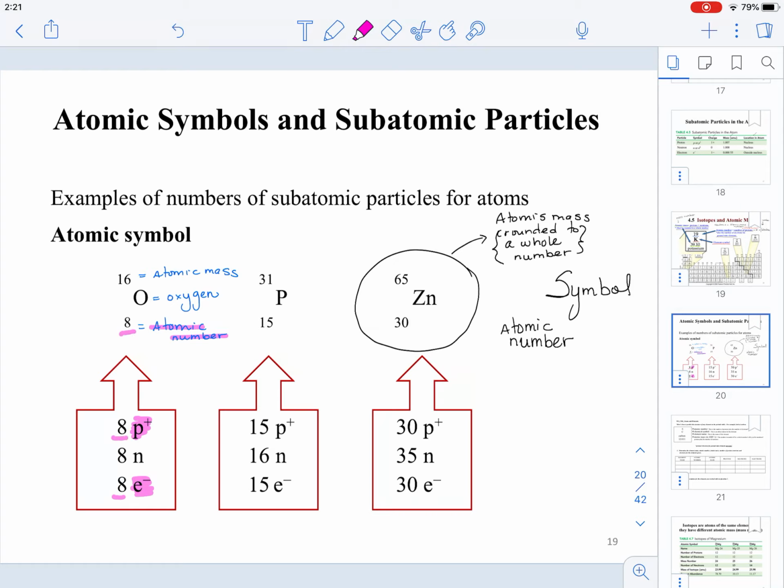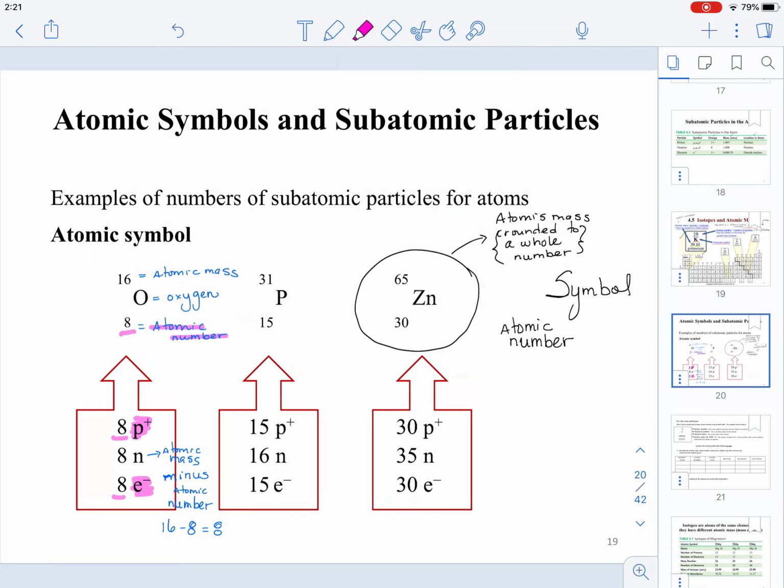Now the number of neutrons, which is in the middle, comes from atomic mass minus atomic number. That's why if we do 16 minus 8, that equals 8.